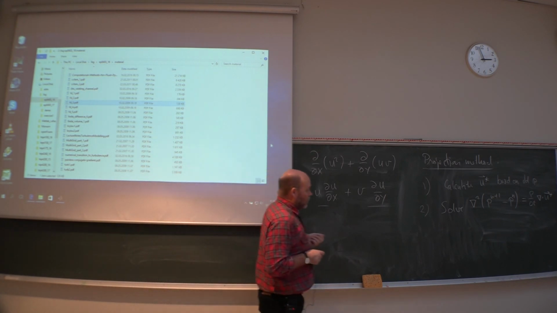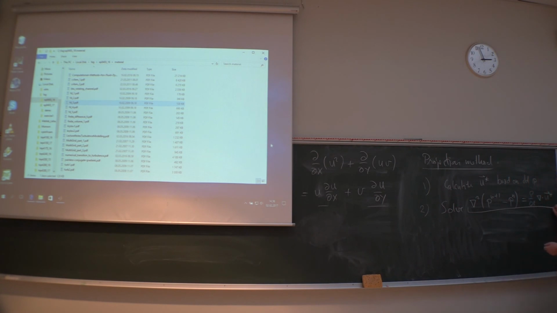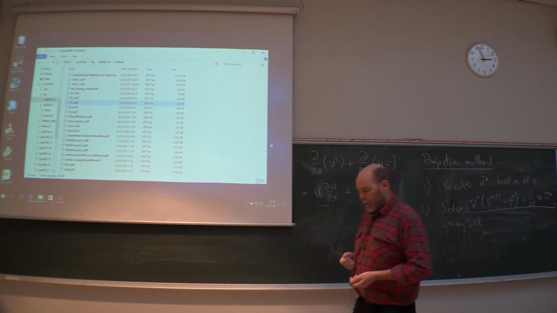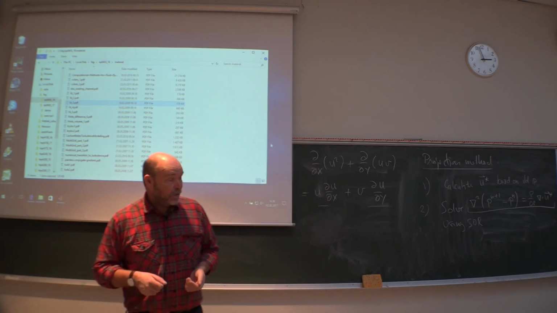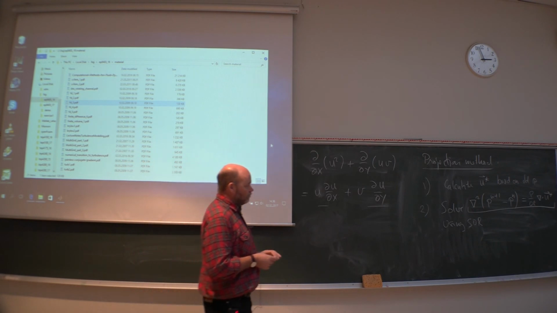That one we now solve using an iterative scheme. We are going to solve it with SOR. We use an iterative method solving that elliptic equation.